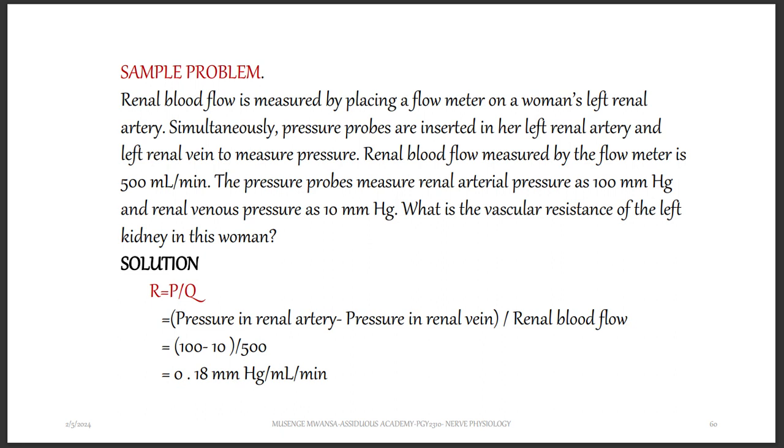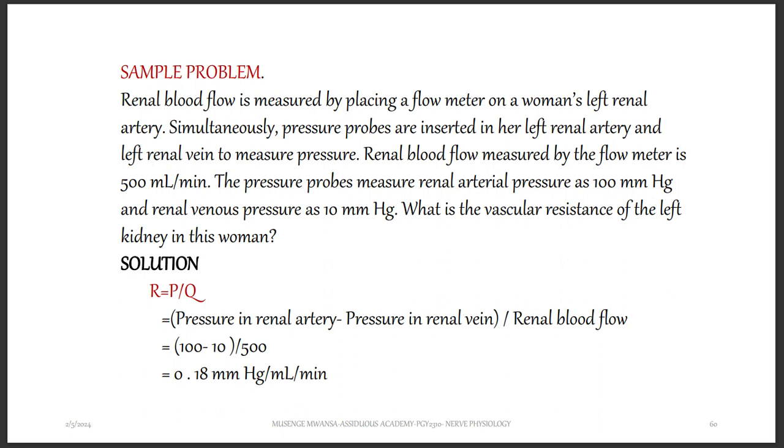Now we know that resistance is given by the pressure divided by the flow rate. Here we are talking about the change in pressure. You talk about the pressure in the arteries because the arteries are taking blood, and then the veins are taking back blood. So how much blood has been taken and how much is coming back will tell us how much blood remained in that organ.